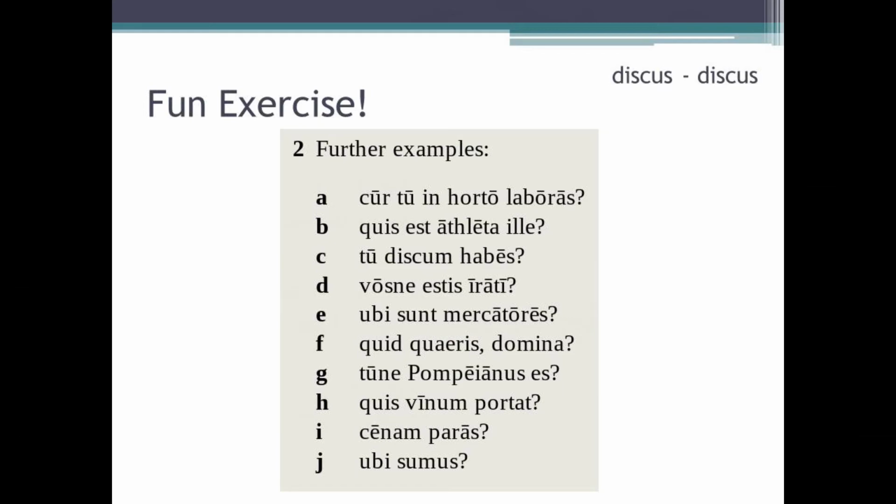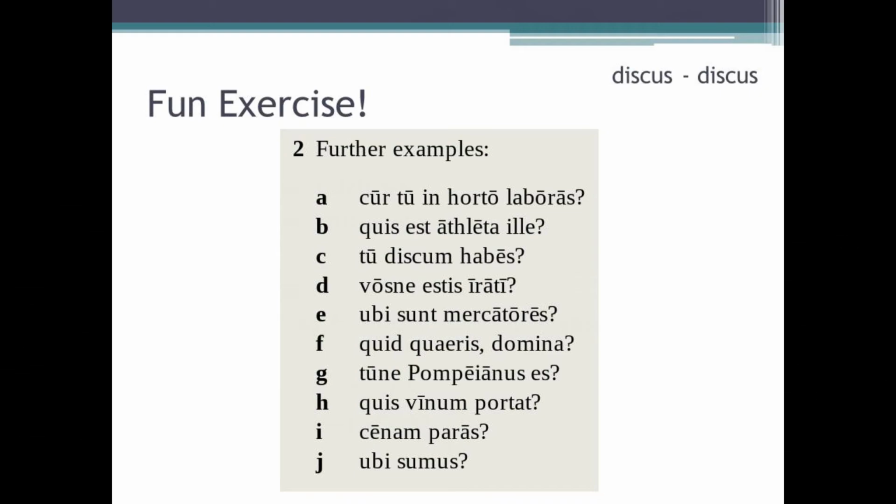D. Vosne estis irati? Are you, plural, angry? E. Ubi sunt mercatores? Where are the merchants? F. Quid quaeris domina? What are you searching for, mistress?